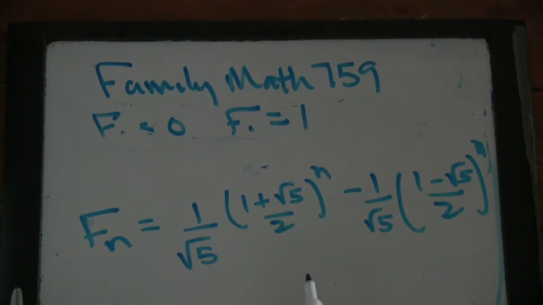So we just found what seems to be a fairly complicated formula for the Fibonacci numbers, but nonetheless it works. Well, we haven't checked it yet. It's an explicit formula that's not recursive. This is a formula that doesn't depend on the prior numbers.